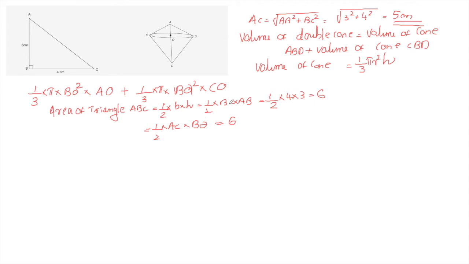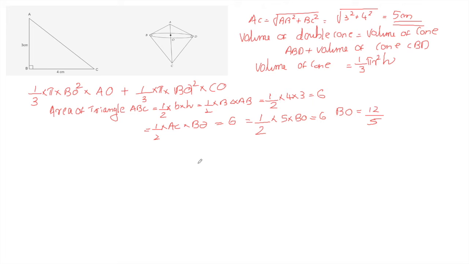In these two ways we can find the area of the triangle. So we are equating this formula with the area 6. AC we found already, it is 5. So half into 5 into BO is 6, so BO will be 12 by 5 after solving this.